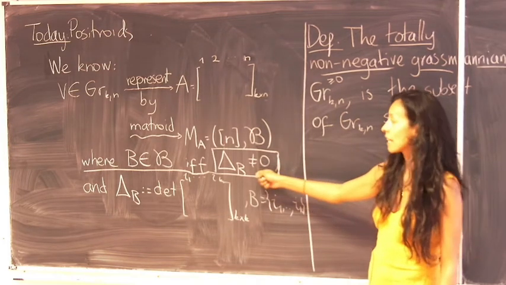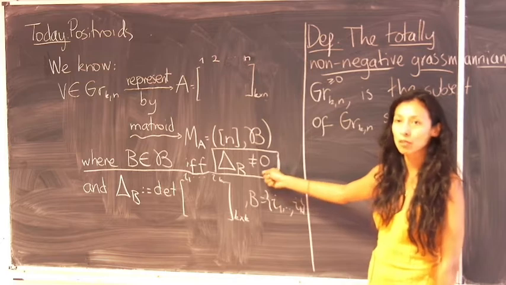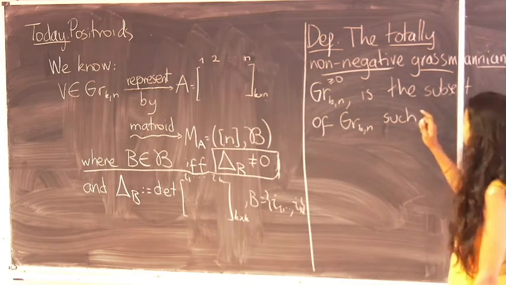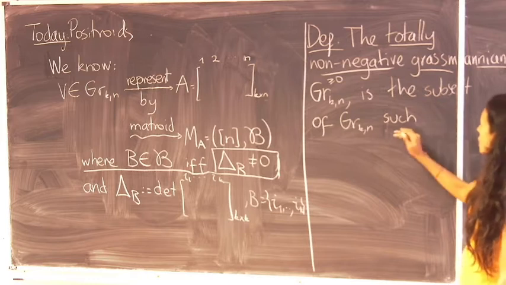So basically, any maximal minor of my matrix is greater than or equal to 0.